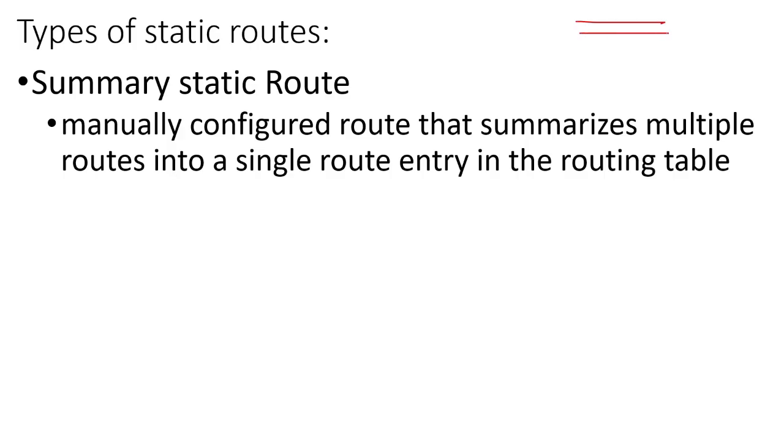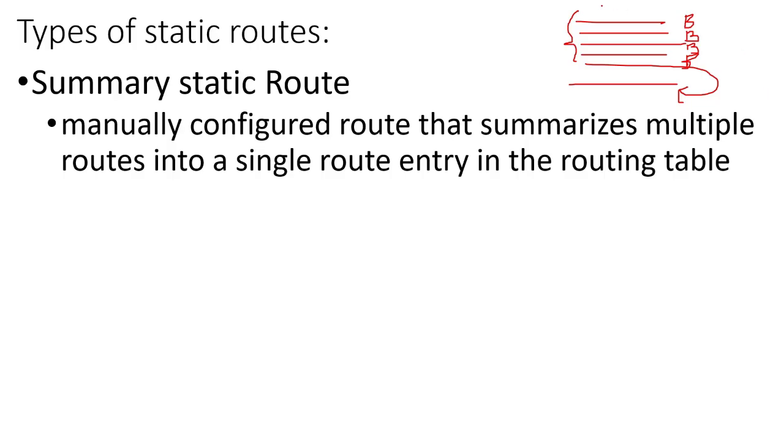Let's say these are your routing table entries, and the destination of all these entries is router B. So the routing table can be configured to use another entry wherein all these routes are combined into one single route.